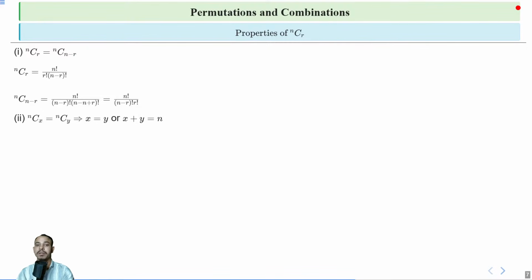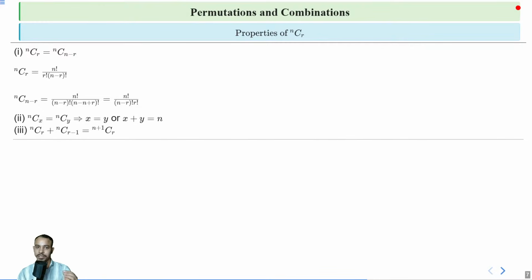Why equal? Because if we compare with nCx equals nCy, it implies x equals y or x plus y equals n. So 6C2 equals 6C4 because 2 plus 4 equals 6. That means x here is 2, y equals 4 and n is 6, so it is satisfied. Clear? I hope it's clear.